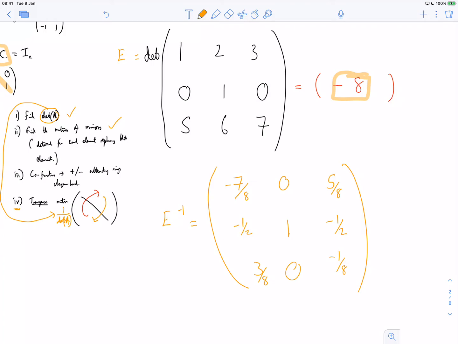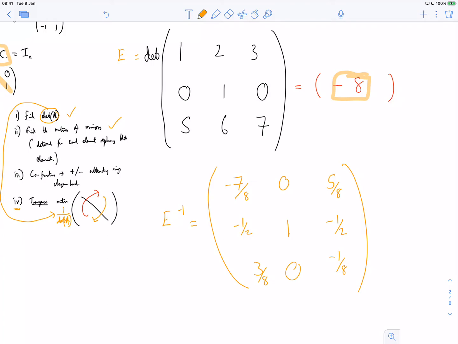I'm going to do mine. So math, matrix, let's have matrix A. Let's have dimensions 3 by 3. And let's have that 1, 2, 3, 0, 1, 0, 5, 6, 7. Save it as matrix A. Exit. And now I'm going to define matrix B. And this is a 3 by 3.